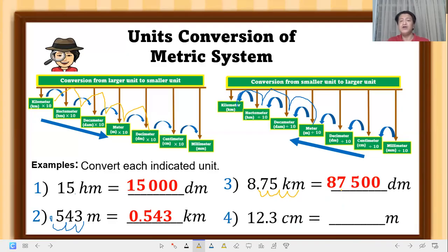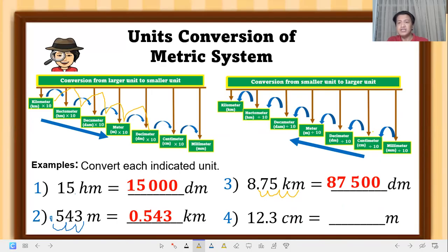Okay, let's have number 4. 12.3 centimeter is equal to how many meter? Okay, centimeter, gagawin mong meter, ano ba to? Lalaki yung unit or liliit? Tingnan natin. Kung ito yung ating centimeter, ito yung centimeter natin, you are going to move upward.